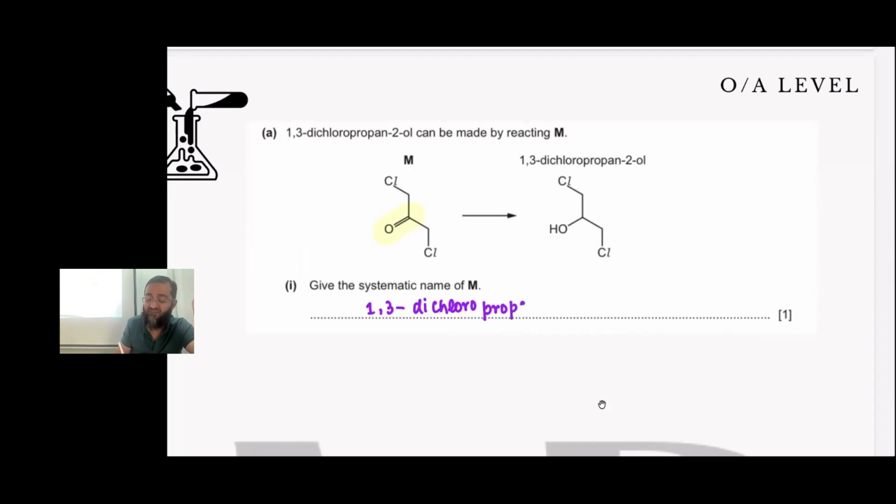There is no other position for the carbon-oxygen double bond for a ketone. So 1,3-dichloropropanone. That is how you will name it. Is this clear? Ridwan, did you understand this? Yes, sir. Okay.